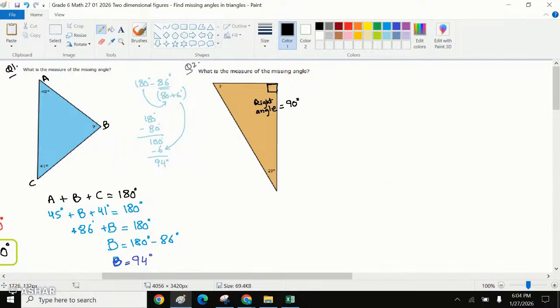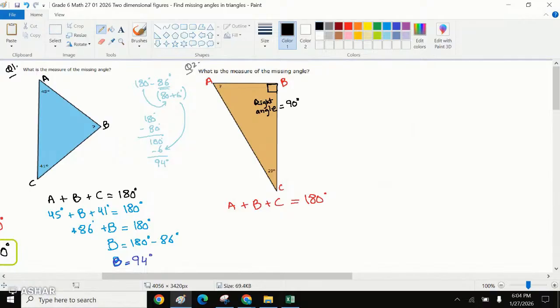Can we label this? If I would label this as A, B, and C, we know that A plus B plus C can only be 180. It cannot be any other number.